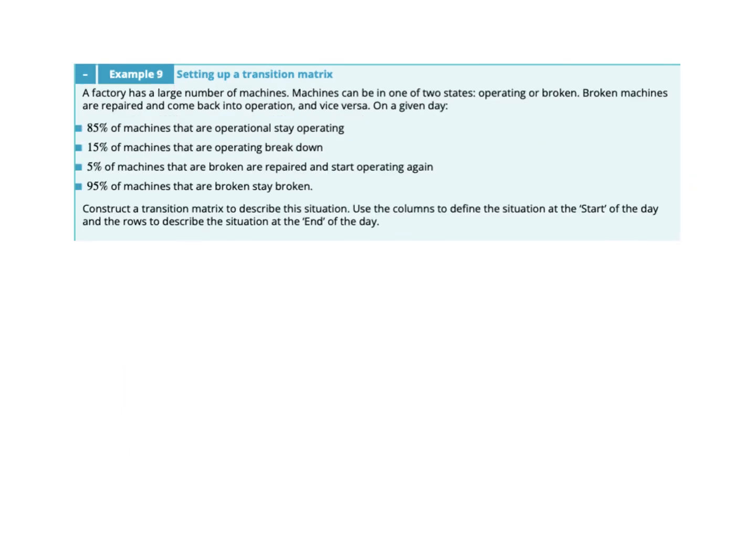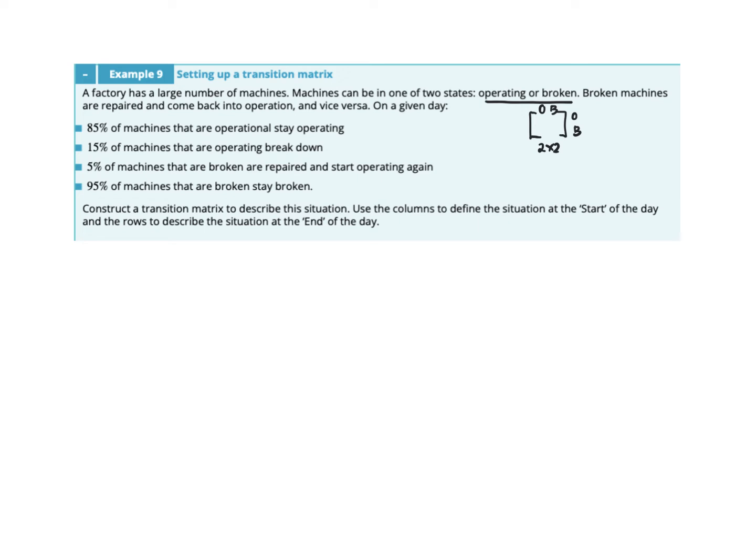Okay, so here's another example. A factory has a large number of machines. Machines can be in one of two states, operating or broken. So if you're talking about your states, you're only going to have a 2 by 2 because you've got your two states, operating, broken, operating, broken.